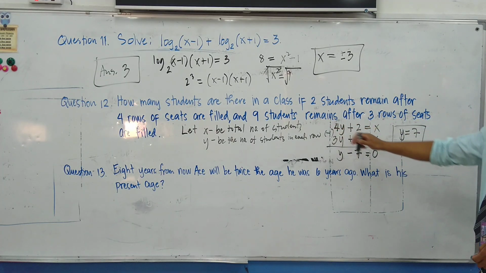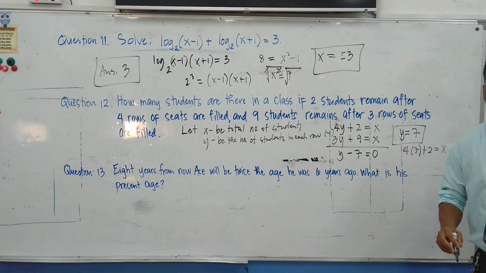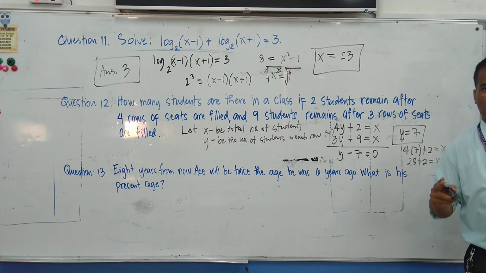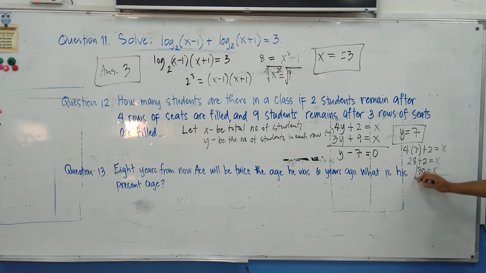Using this first equation, 4 times 7 plus 2 is equal to x. So 4 times 7 is 28, plus 2 is equal to 30. So x is equal to 30.